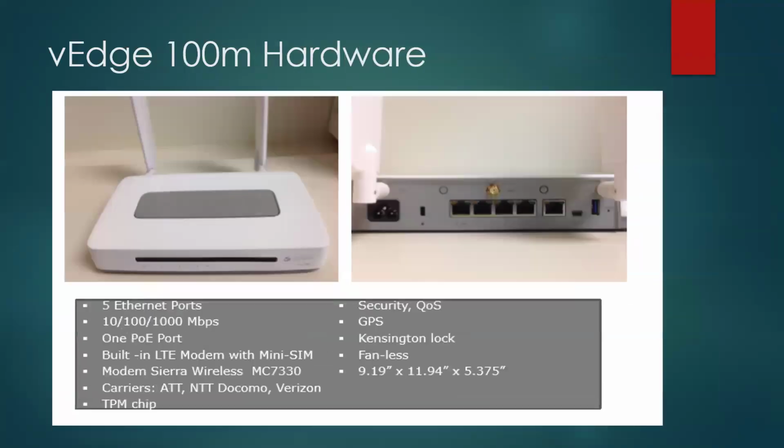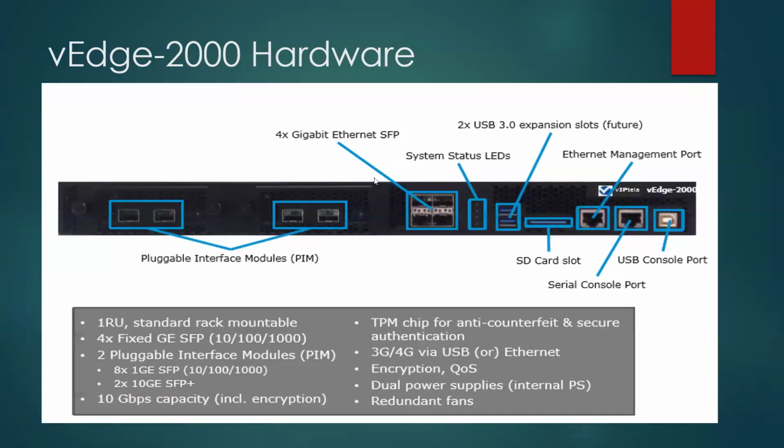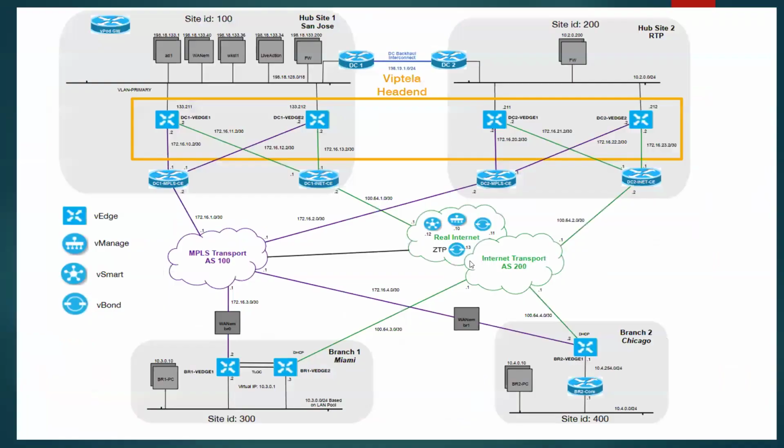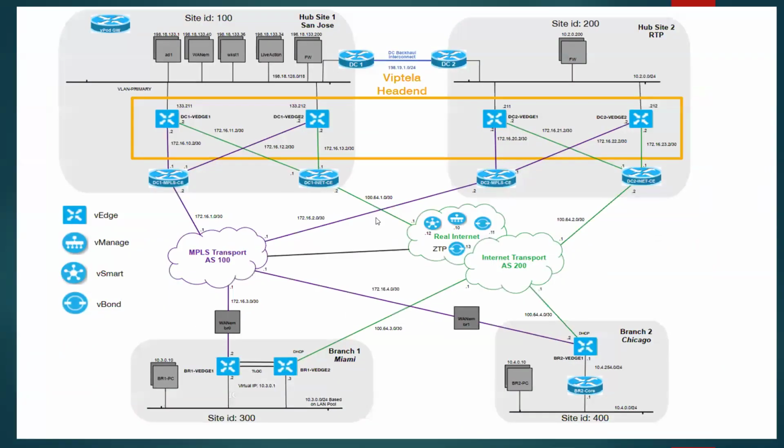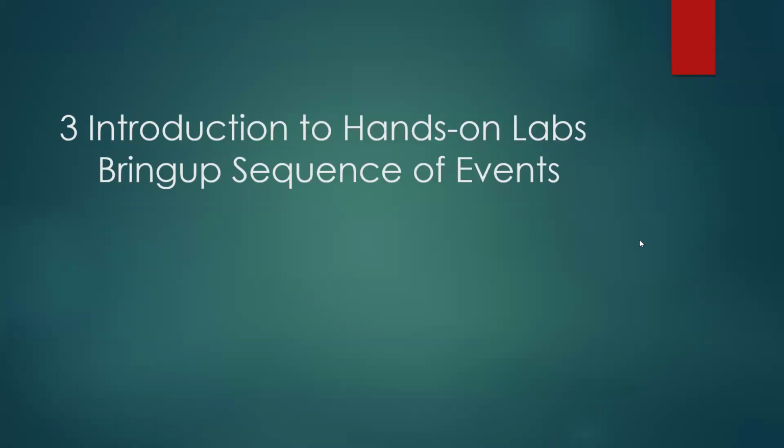On hardware, obviously, if it is any type of hardware, then you have the management interface, the USB port, the console port, the RJ45 ports, etc. Those things are there, and they'll come to our lab later on. This one is the bring up process. We want to know the bring up process.